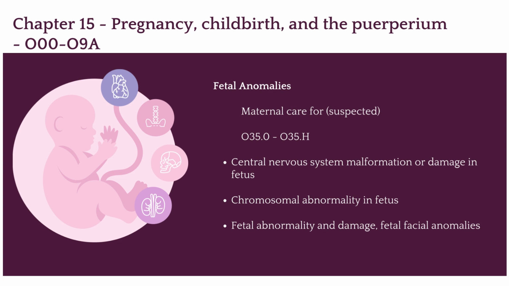These two institutions actually requested that the category O35 for anomalies, which includes central nervous system anomalies, chromosomal anomalies, and fetal abnormalities and damage, should be expanded to provide additional specificity for appropriate diagnostic coding.